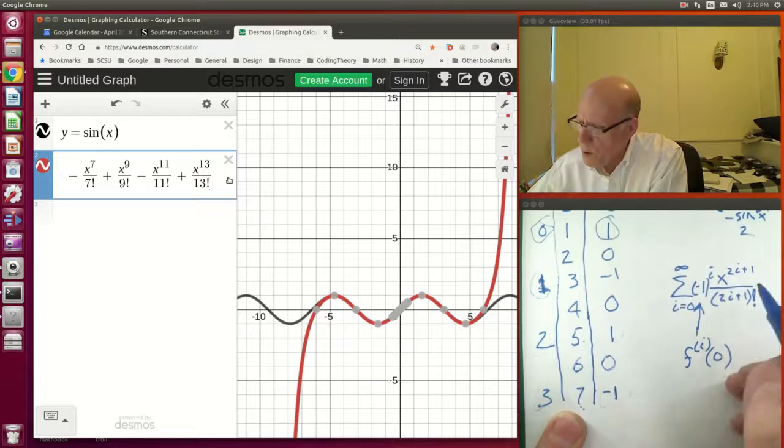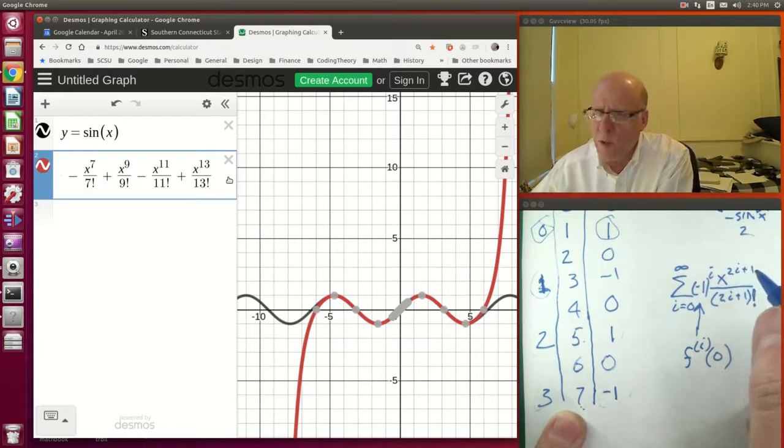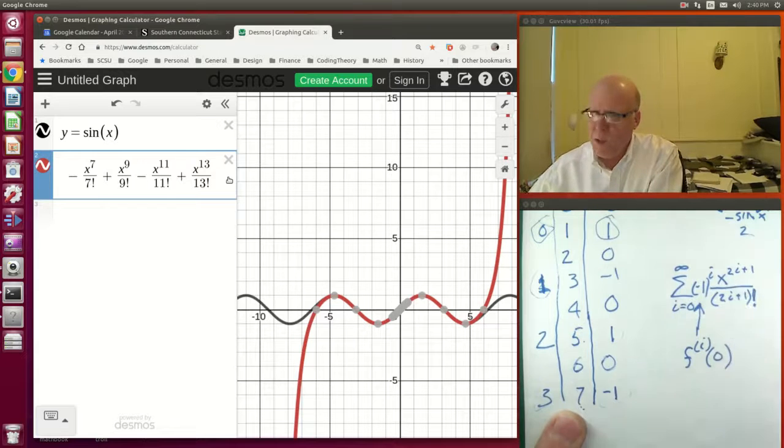That's concerning to me because it's actually the 2i plus first derivative, because we're skipping over the even derivatives.